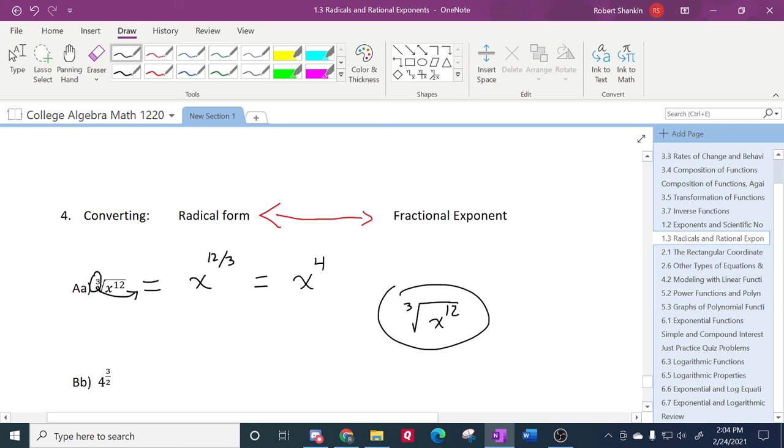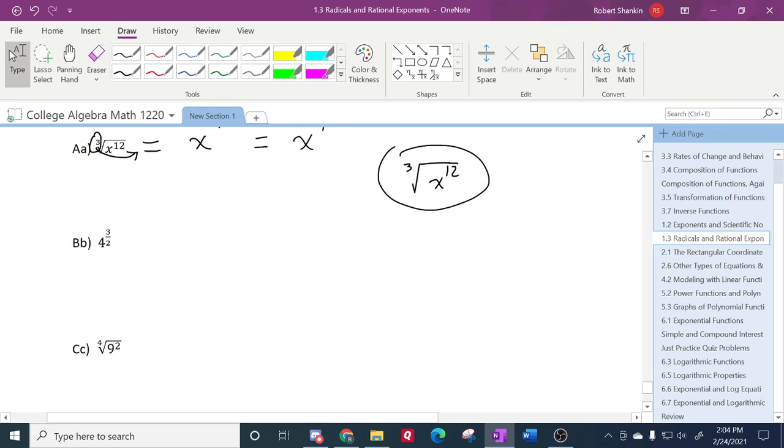All right, so continue doing this, and do it with these next 2 problems. Convert them. If they're in one format, change it to the other, and then figure out what the answer is, and back and forth.